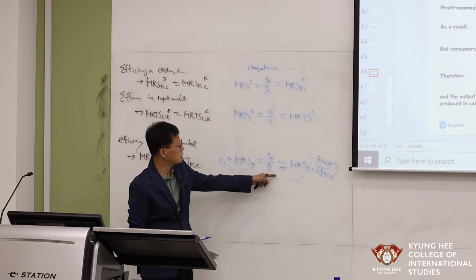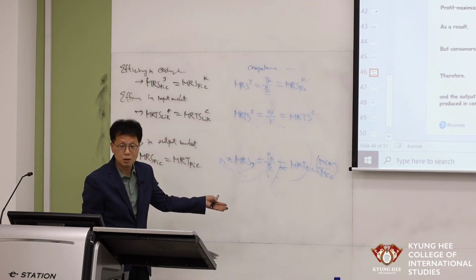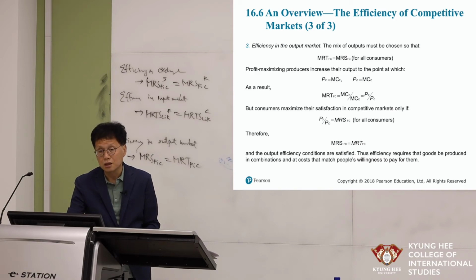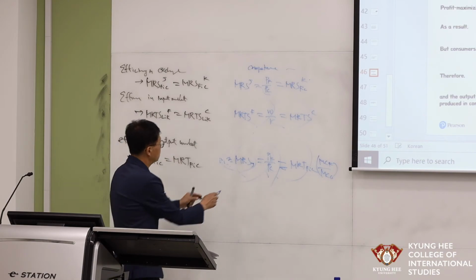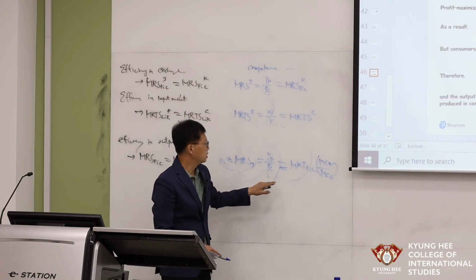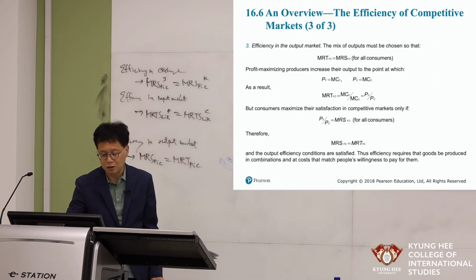But this condition is satisfied simultaneously, led by this PF over PC. Okay? So MRS is equal to MRT, and the output efficiency conditions are satisfied. Thus, efficiency requires that goods be produced in combination and at cost that match people's willingness to pay for them. So that is willingness to pay, willingness to sell. That is relative price, the objective price at the market.